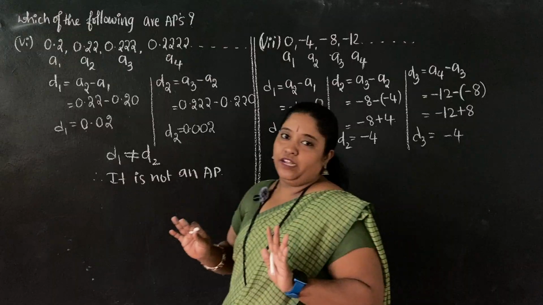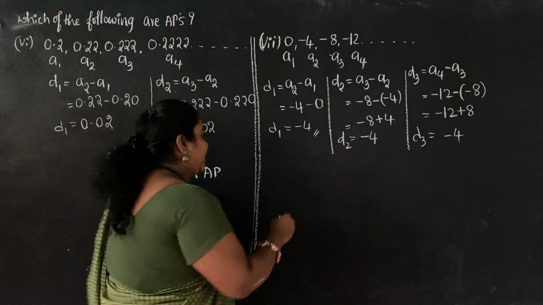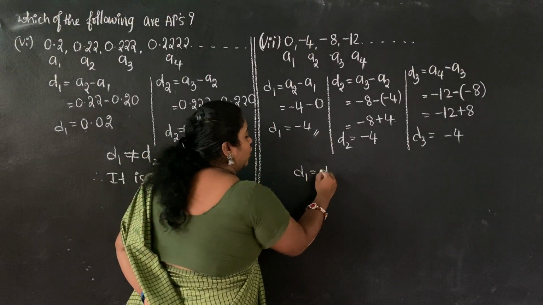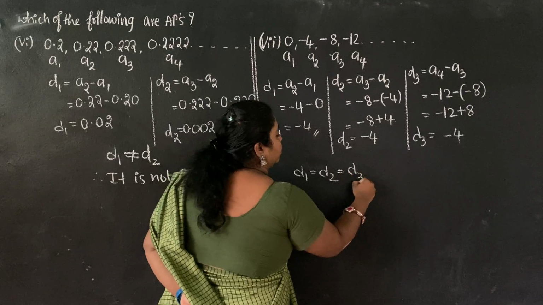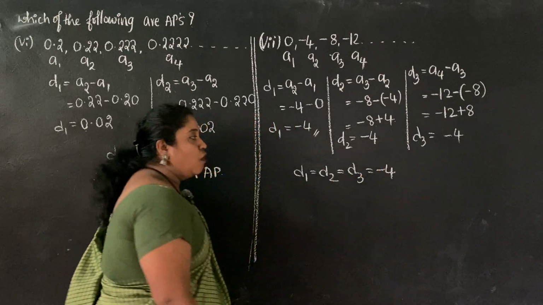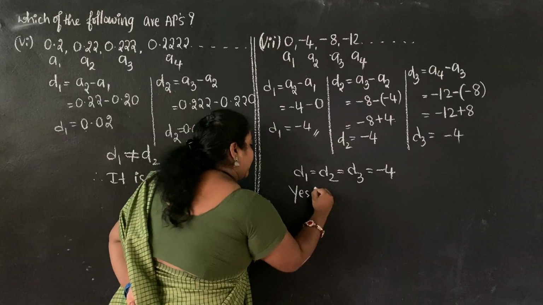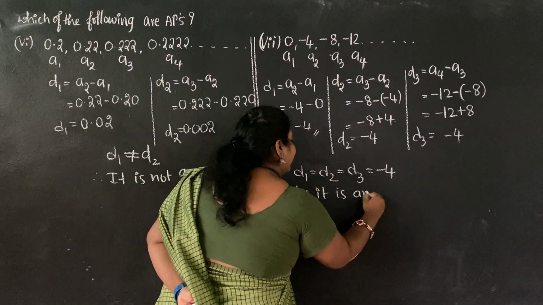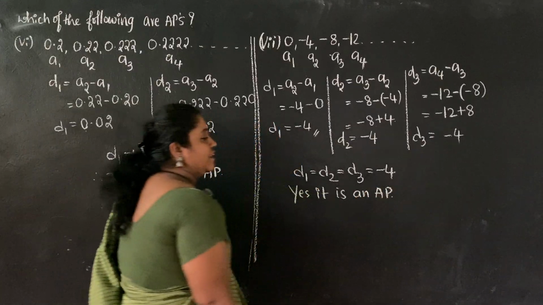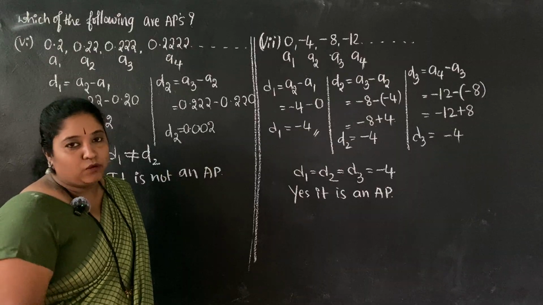Now look at the values D1, D2, D3. All are equal to each other, is it not, dear? D1 is equal to D2 is equal to D3 is equal to minus 4. All the values are the same. I can say yes, it is an AP. If it is an AP, then I have to write the next 3 more terms.